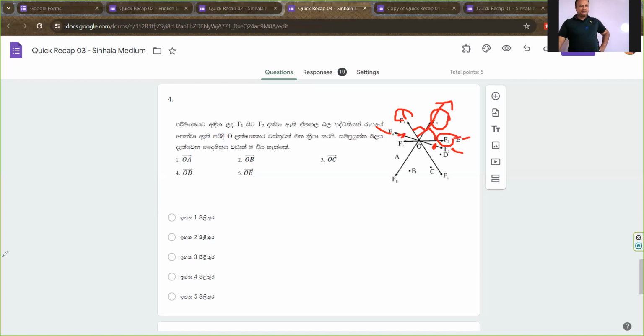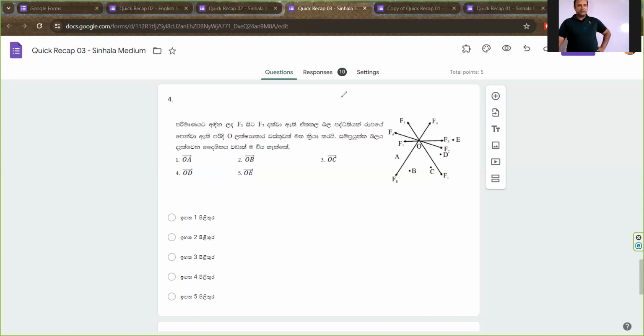Understood? Now the resultant of F3 and F5 will most likely be in this direction. As they are equal in magnitude and the angle is 120, their resultant should be equal to one force.